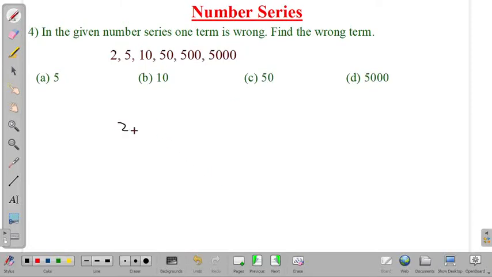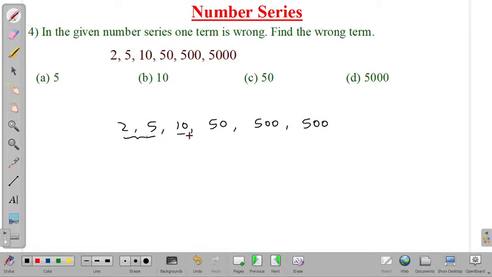See, here the numbers given are 2, 5, 10, 50, 500, and then 5000. Okay, so the terms are increasing very rapidly, so it must be a multiplication type problem. If we see 2, 5, then 10, it must be a multiple of 2 and 5.